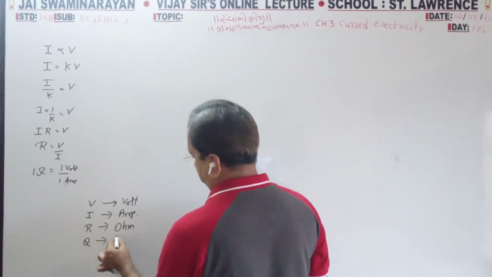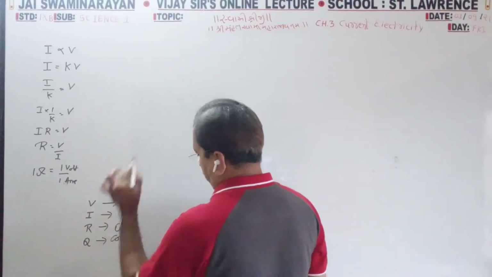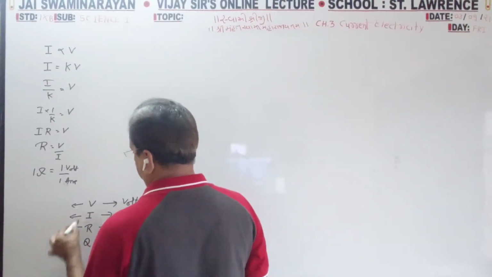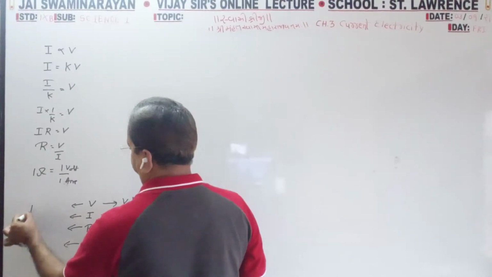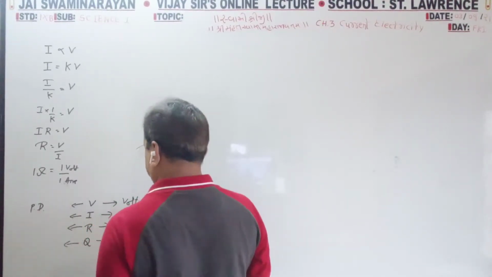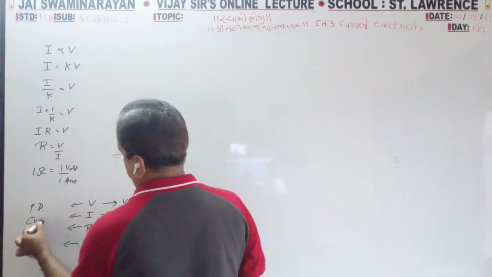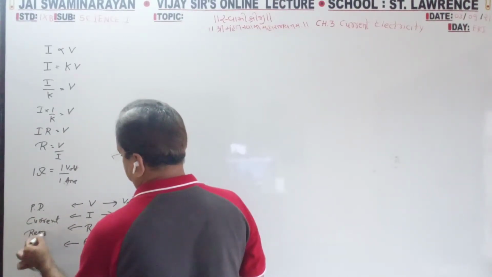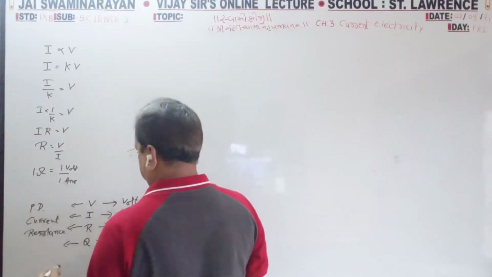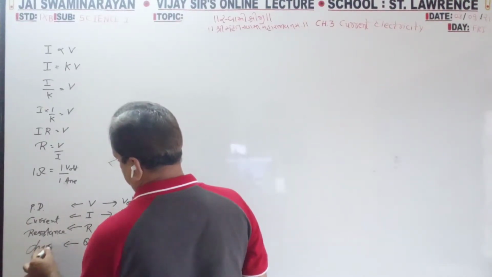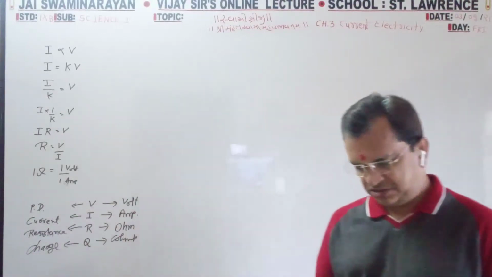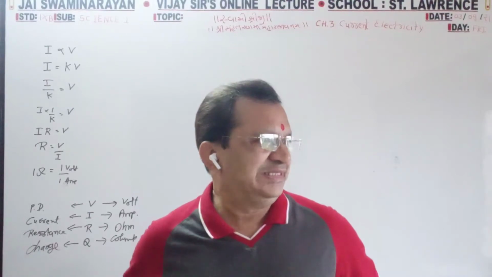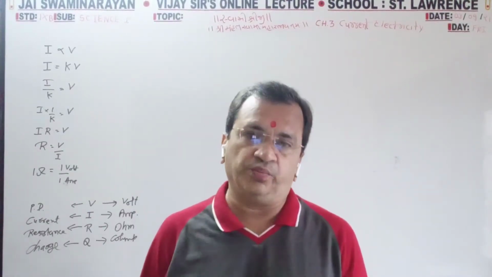Q stands for coulomb, charge. V is potential difference, I is current, R is for resistance. These 4 symbols are very important in this chapter: V, I, R and Q.